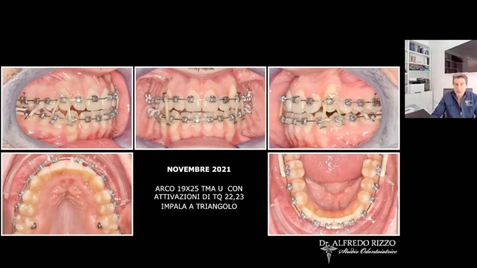The elastics for crossbite allow me to keep the bite open in the posterior, and I add triangle elastics. They are 5-ounce elastics in order to correct the open bite.